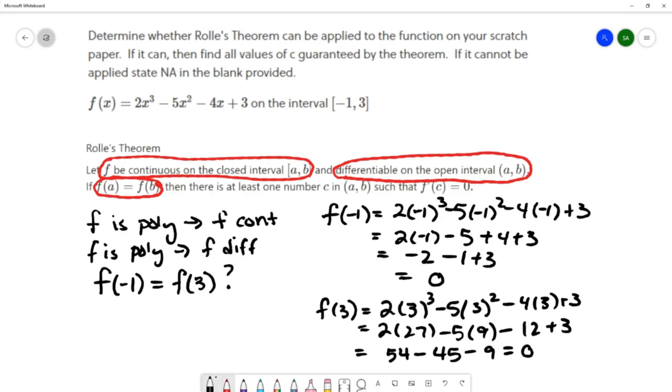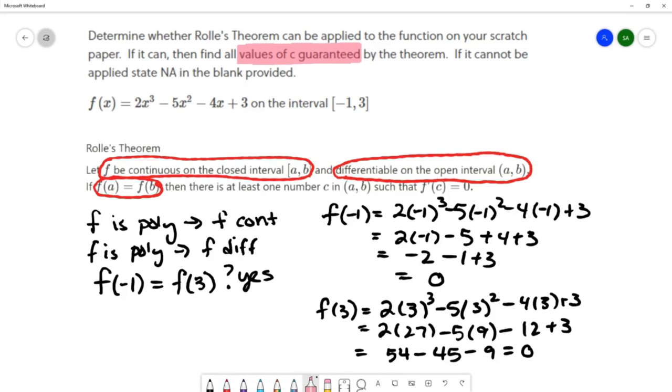So we can now say that yes, f of a is equal to f of b. The y values at the endpoints are equal to each other. So we have met all of the criteria for Rolle's theorem. It can be applied to this function. So now what we want to do is find the value of c that is guaranteed by the theorem.